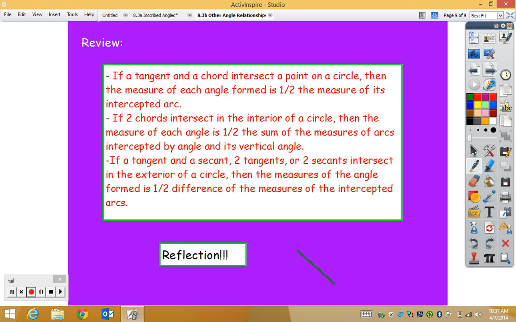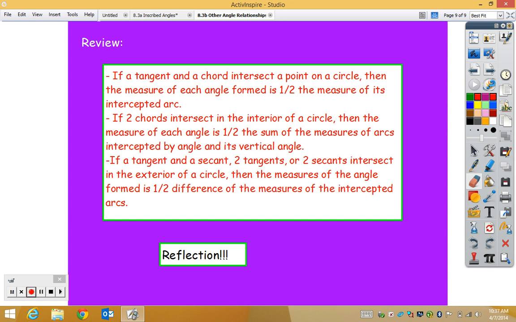So to review, if a tangent and a chord intersect at a point on a circle, then the measure of each angle formed is 1/2 the measure of its intercepted arc. If two chords intersect in the inside of a circle, then the measure of the angle is 1/2 the sum of the measures of the arcs that are intercepted by that angle and its vertical angle.